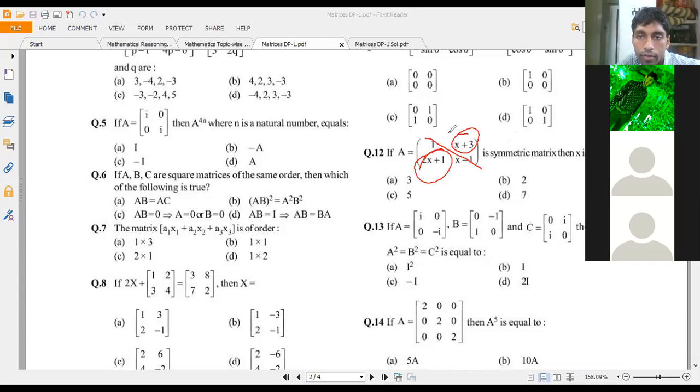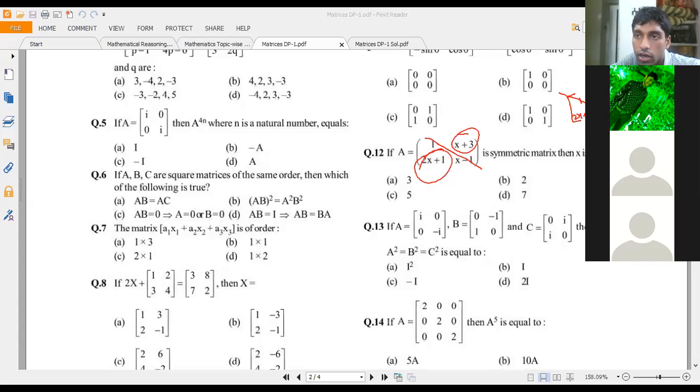Can you tell again? What is the transpose of this? The x plus 3 will be 2x plus 1 and then x plus 3. So what is happening to the diagonal elements?